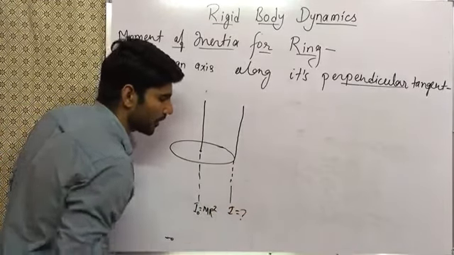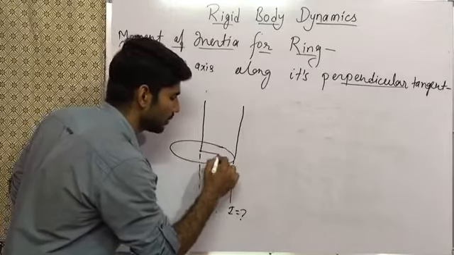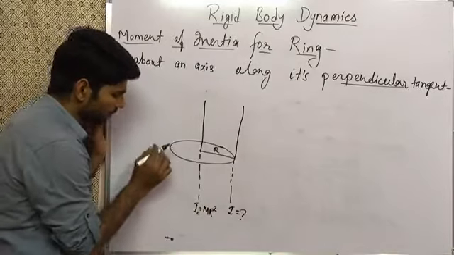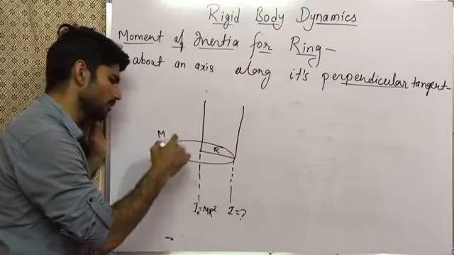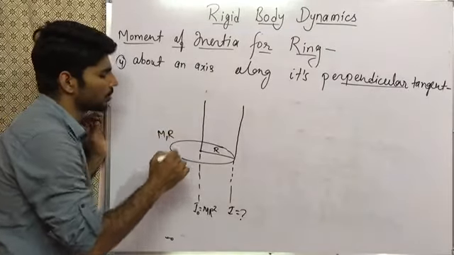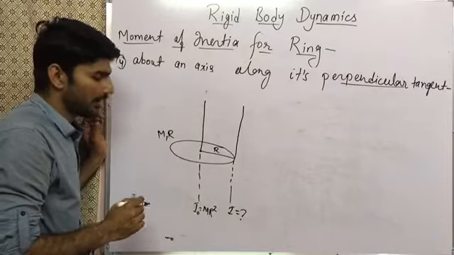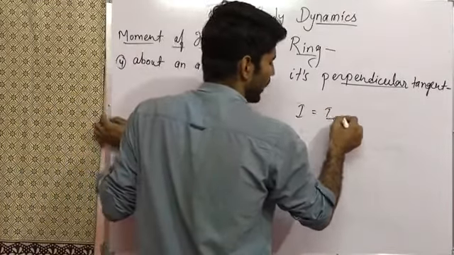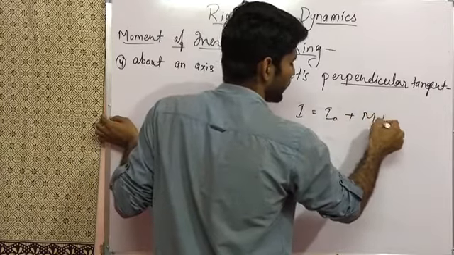Here we need to find the moment of inertia, and the distance between the two axes is capital R. We assume that the mass of this ring is capital M and the radius of this ring is capital R. Then according to the parallel axis theorem, we know that I equals I naught plus m d square.